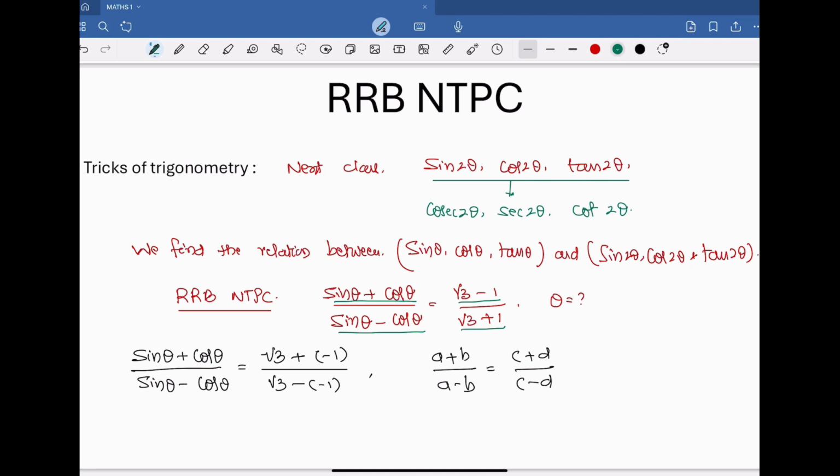In numerator and denominator I am comparing a with c and b with d, and I am protecting the negative sign and positive sign.